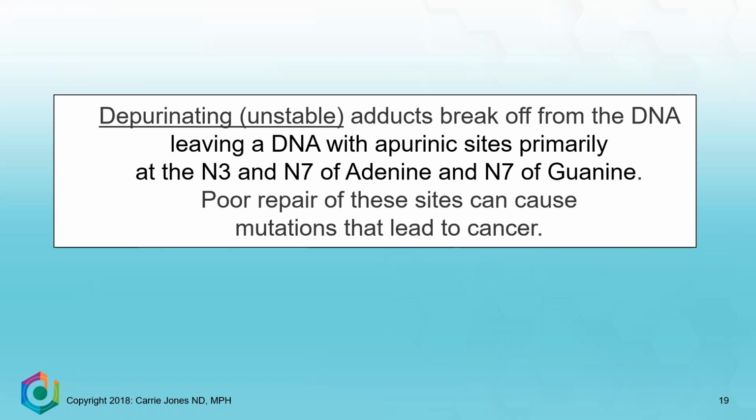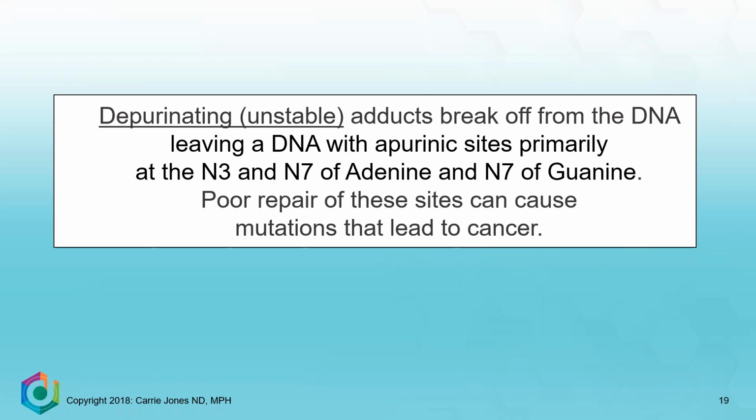So the paint colors are wrong, the screws are missing, things are put in the wrong place of whatever you're trying to build. It's the same thing in your DNA. Things have a very high risk of going wrong because the body doesn't like holes, so it will go to fix those first. But if you have an overwhelming amount of holes in your DNA, you get this risk of mutation.